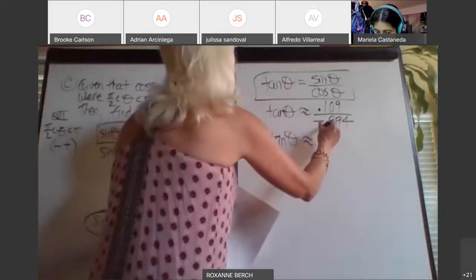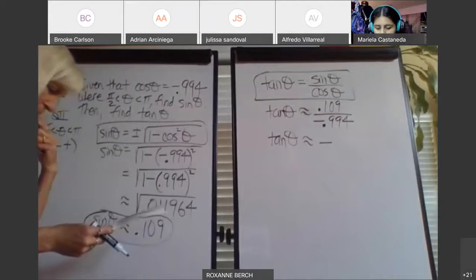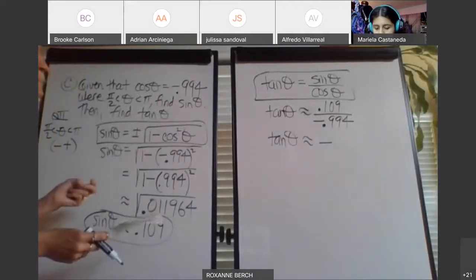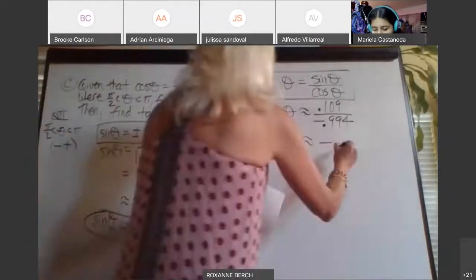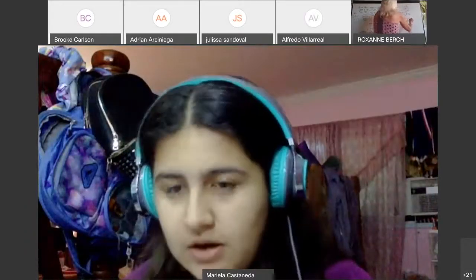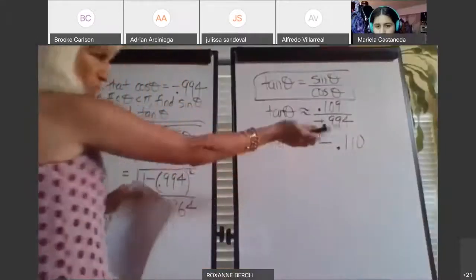Negative what? Negative 0.1096579. Yeah, so it's about negative 0.110.